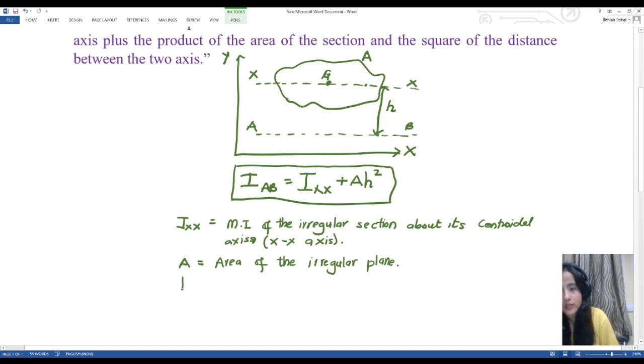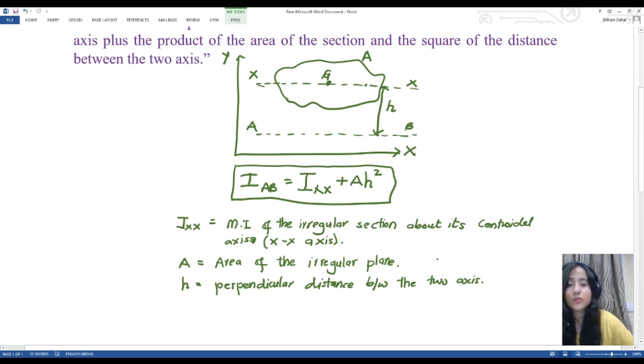Now what is my h? h here is the perpendicular distance between the two axes. What are the two axes here? The xx axis and the AB axis.